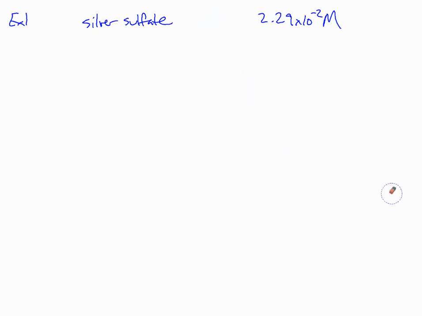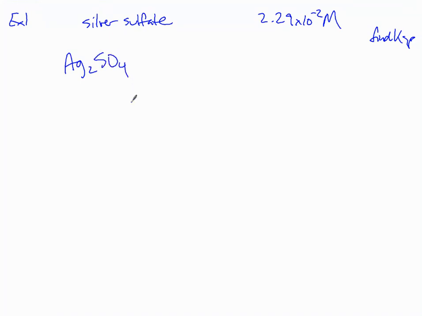Find KSP. So we're going to have to figure out what's going on here. First off, does anybody know the formula of silver sulfate? Ag2SO4. Is it on your paper already? It is on the paper.